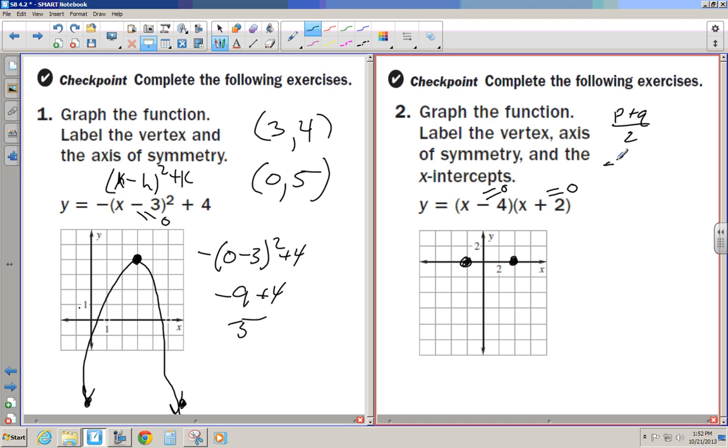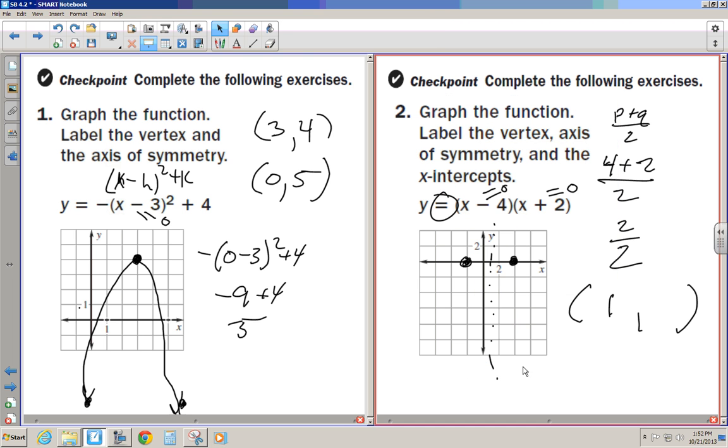P is 4 plus negative 2 all over 2. Well, 4 plus negative 2 is 2 over 2, which is 1. So somewhere right here is 1 and is the vertex. You should see that it should open up, so it should be down here somewhere.